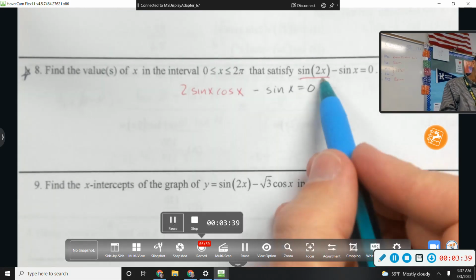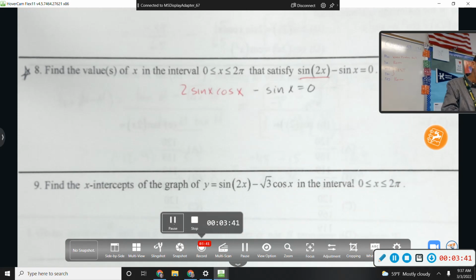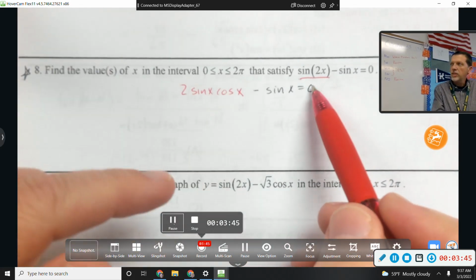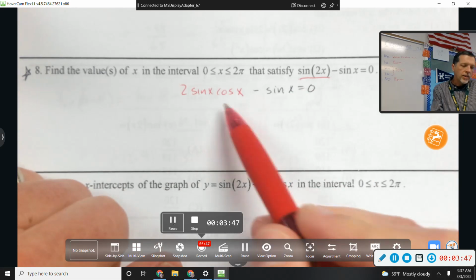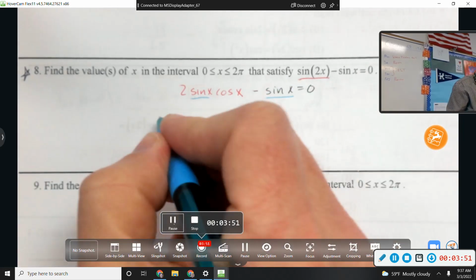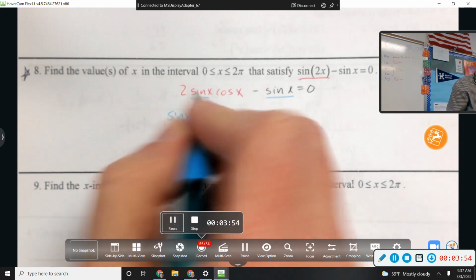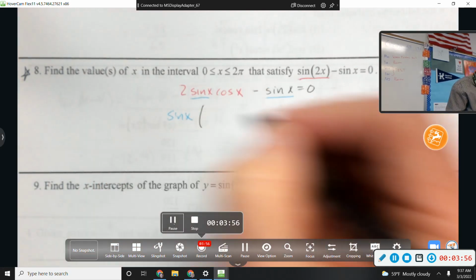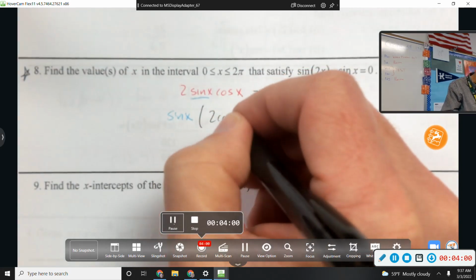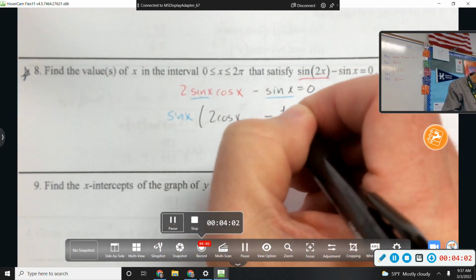So replace sine of 2x with 2 sine x cosine x. That's one of the two you have to memorize. So now you've seen both of the ones that you have to know. Cosine of 2x and sine of 2x. I can factor out sine of x. So that leaves 2 cosine x minus 1.